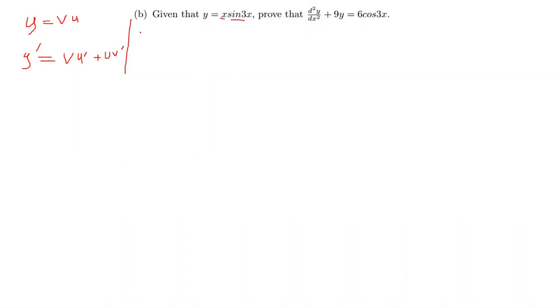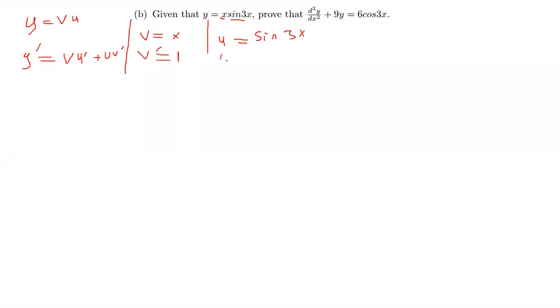So for me personally, I'm going to take my v to be x, and then my u is going to be equal to sine 3x. So when I find v prime, it's just going to be 1 in short.